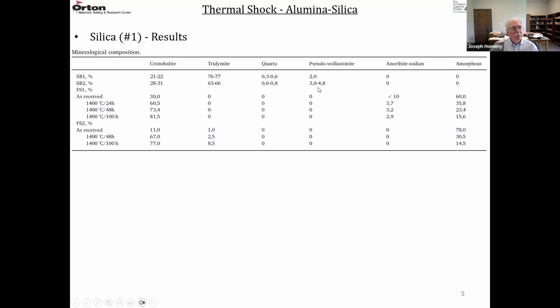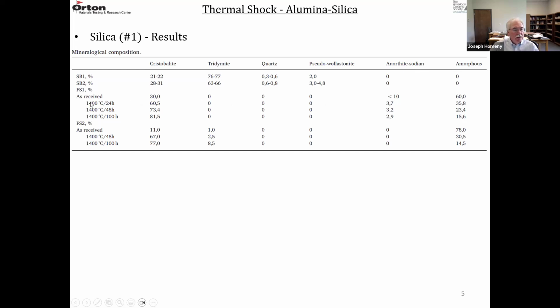That's a calcium silicate. So there's a couple percent wollastonite due to the mineralizer. And then FS1, as received, has 30% crystalline cristobalite, and it's about 60% amorphous. And the calcium aluminate cement reacts with the silica and forms an undesirable phase, anorthite, which is a low melting calcium aluminosilicate.